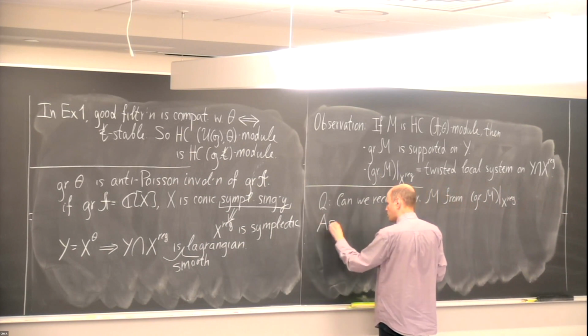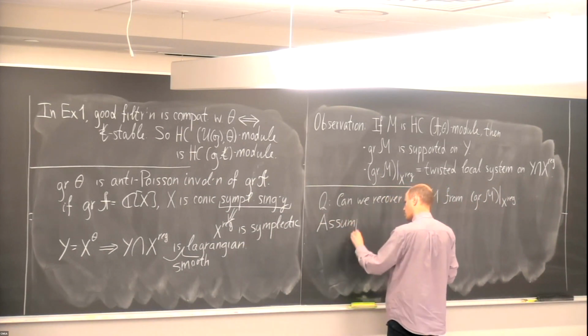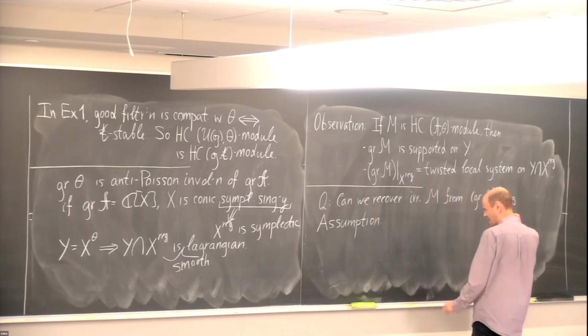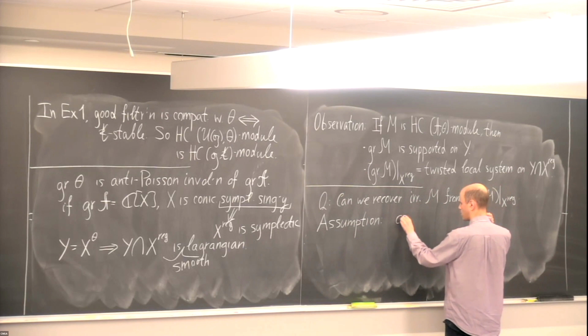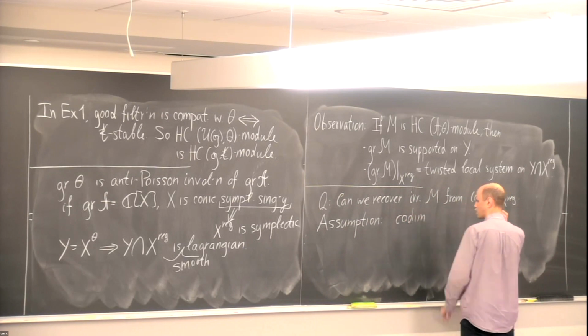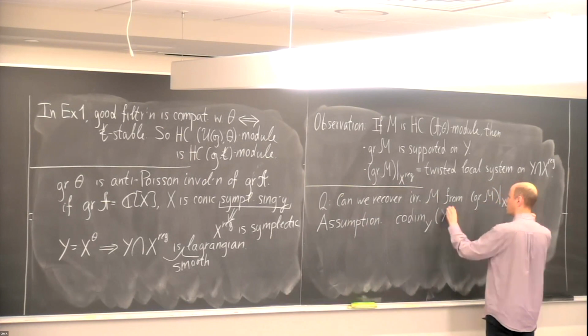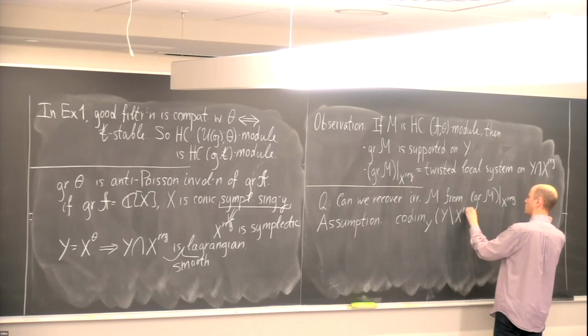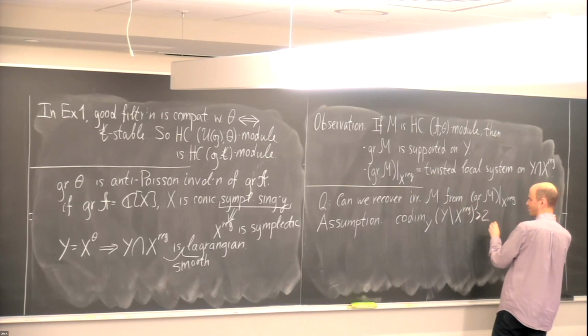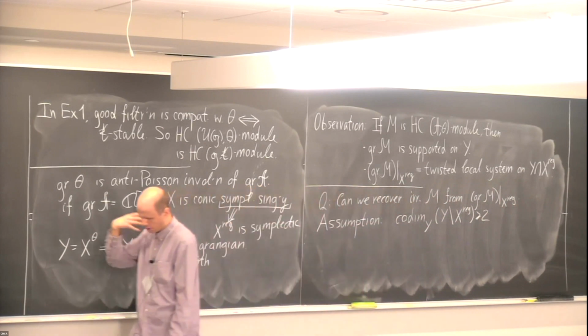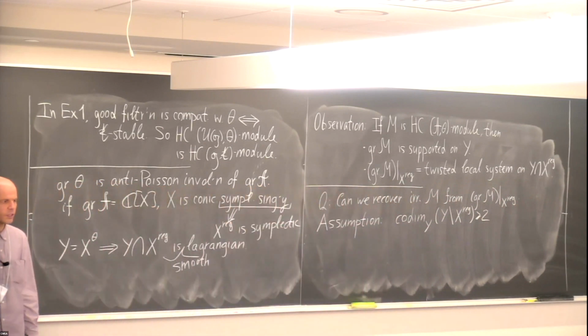And in order to do this, we need to impose an additional assumption. The assumption is going to be that the codimension in Y of Y without X reg is bigger or equal than 2. Somehow, by going to the smooth part, I removed relatively little.